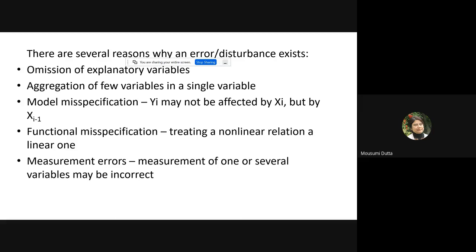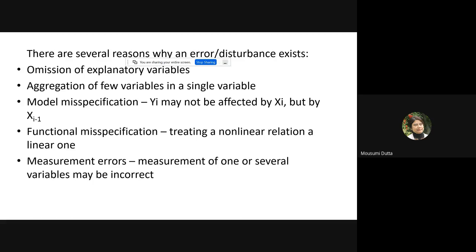Now, what is misspecification? Yi may not be affected by xi, but by xi minus 1. So, you have some concept about the differential equation framework.